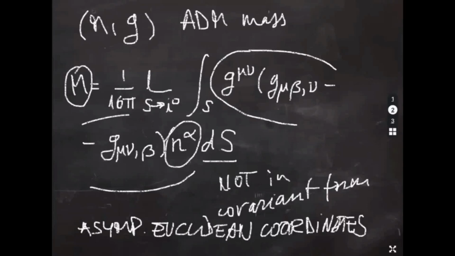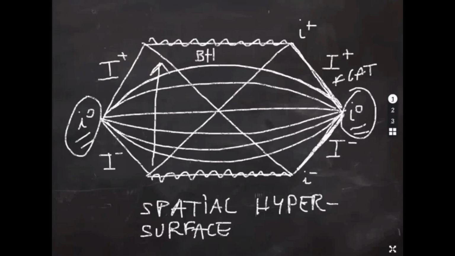In such a system, the metric components are required to be of the form G mu nu equals delta mu nu plus order of 1 over r. It is important to note that you can prove that the integral does not depend on the slice that you choose.